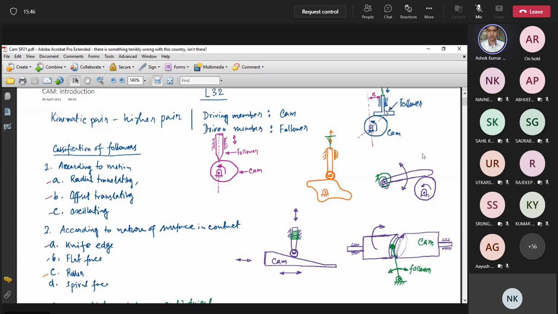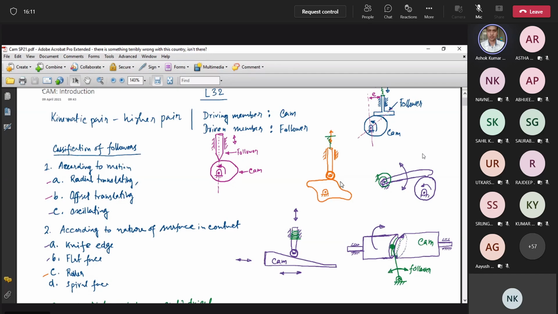In this follower, on the other hand, the face in contact is a flat face. It means the contact point is not always this point; sometimes it is this point, sometimes this point. This is a flat face, so this follower is called a flat face follower.